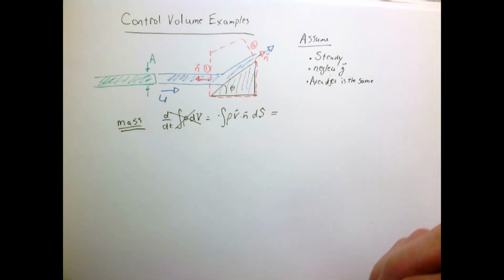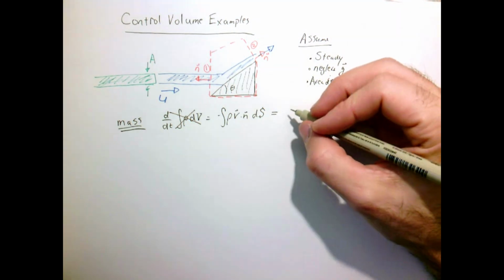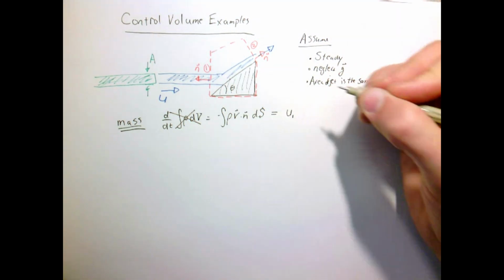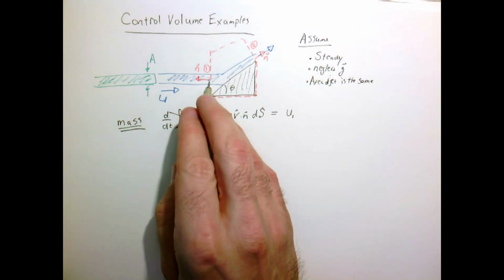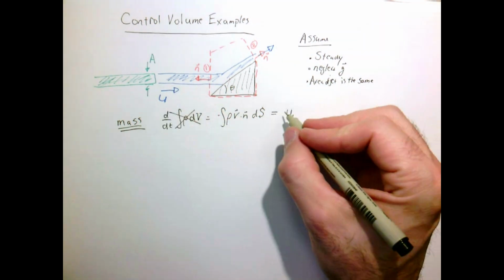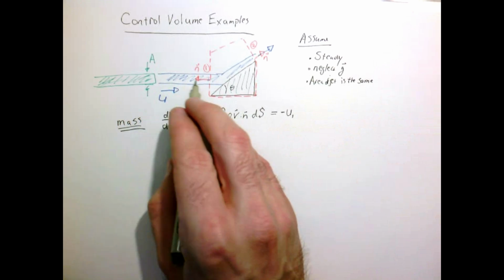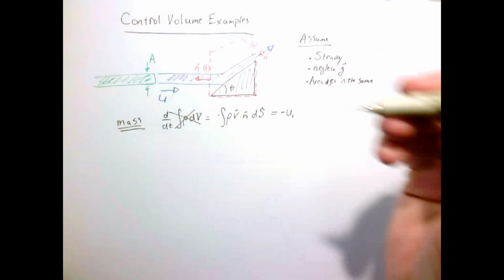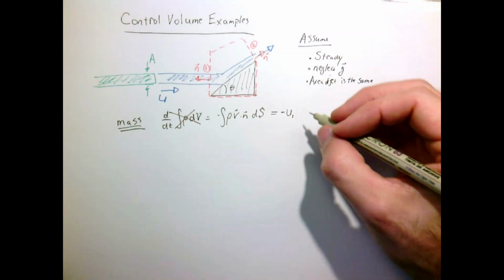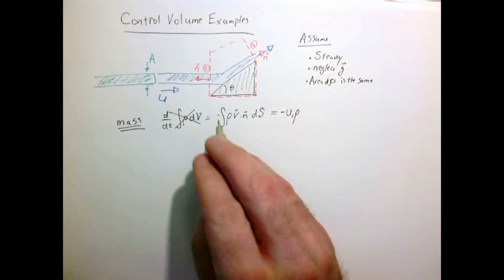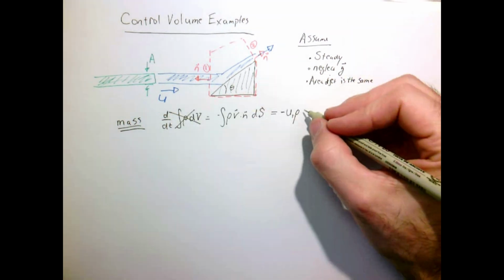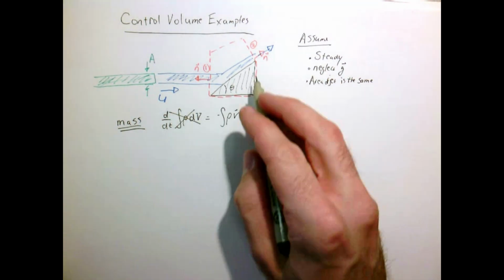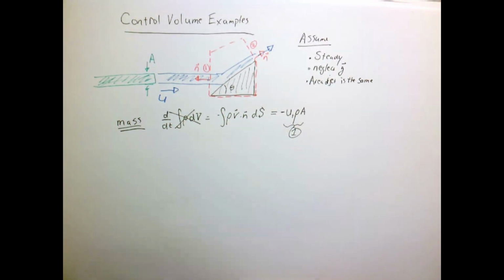Now if we're going to assume that the velocity coming out is uniform, then the velocity at 1 dotted with the normal vector will be negative, since velocity is in this way and the normal vector is outward. We're going to have the density of the fluid rho, and the area of the jet A. So that's at surface 1.